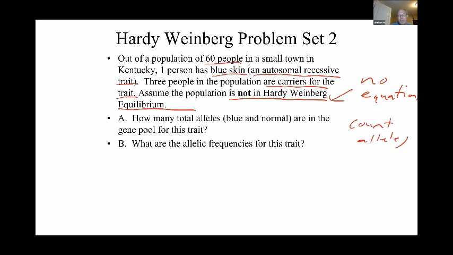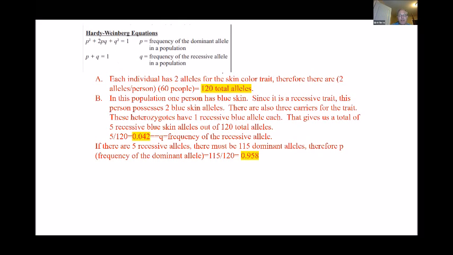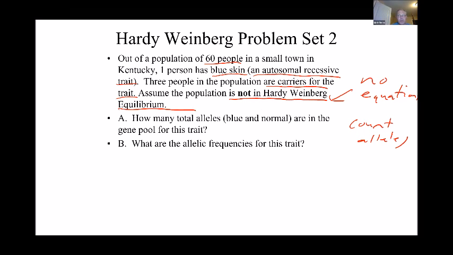So we have 60 people. For most traits, 2 alleles, one from each parent, control that trait. So 60 people times 2 alleles apiece. That means there's 120 total alleles for this trait in this population.